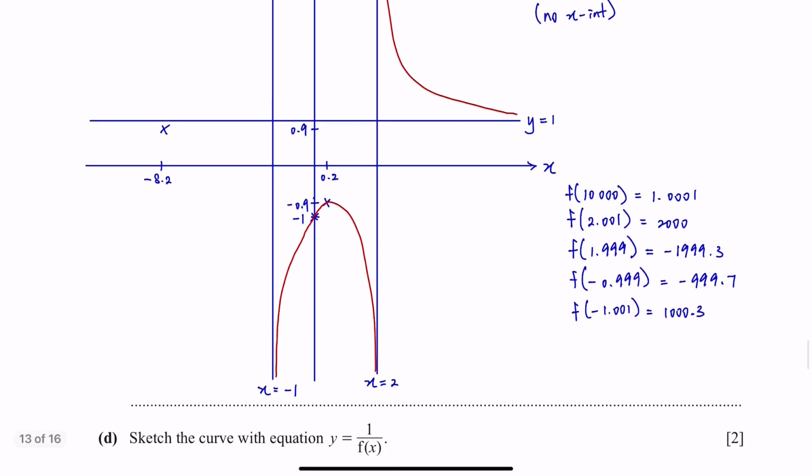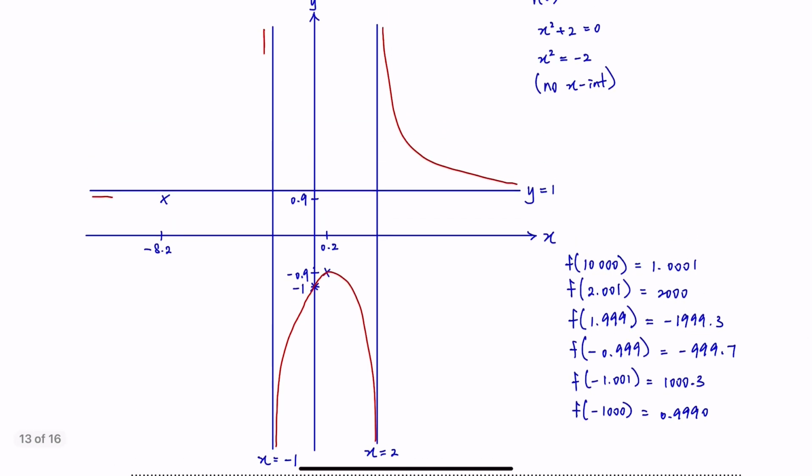And when x is a very small number, towards the negative infinity, we can sub it as negative 1000 and we get 0.9990, which is very close to 1 but less than 1. So it's around here.